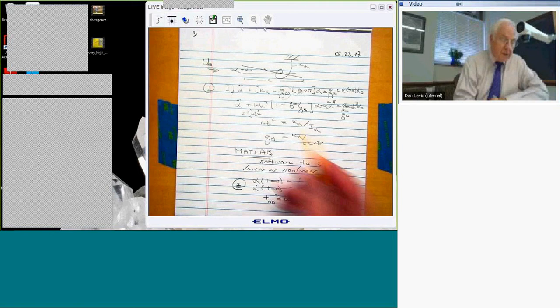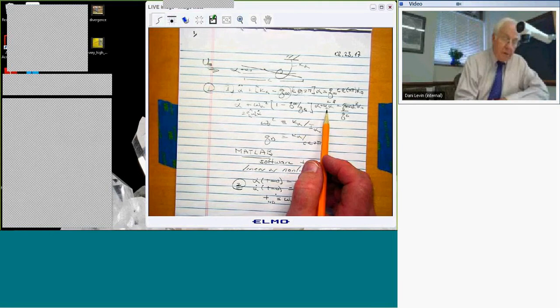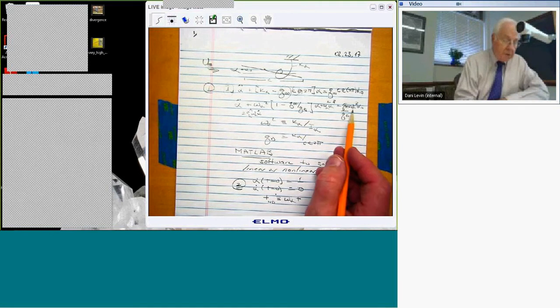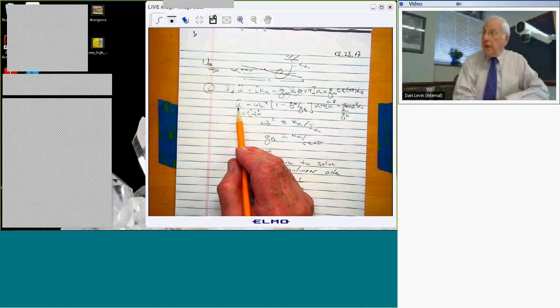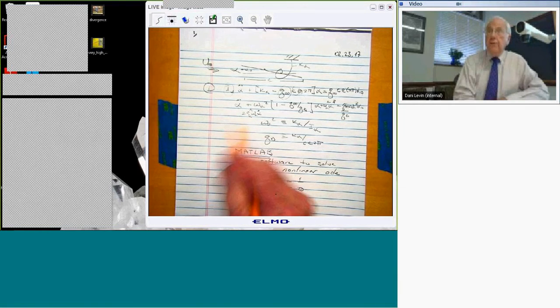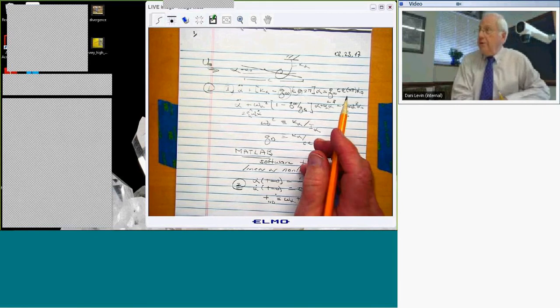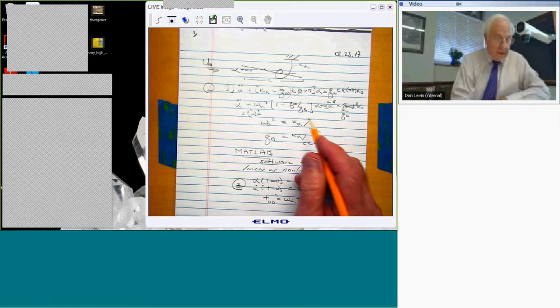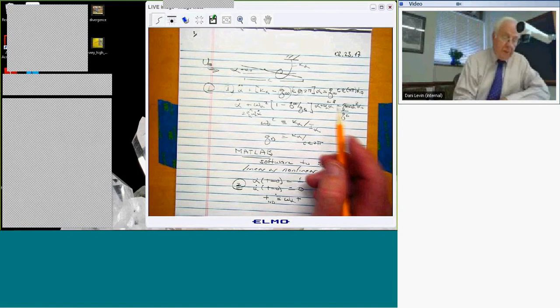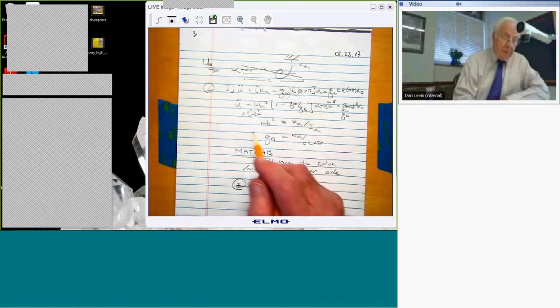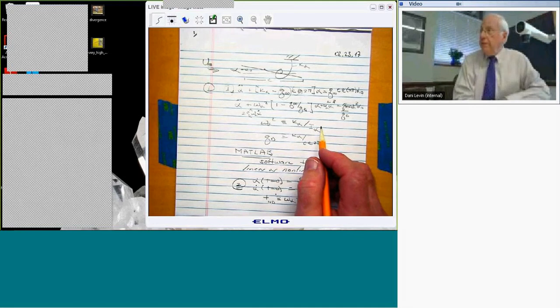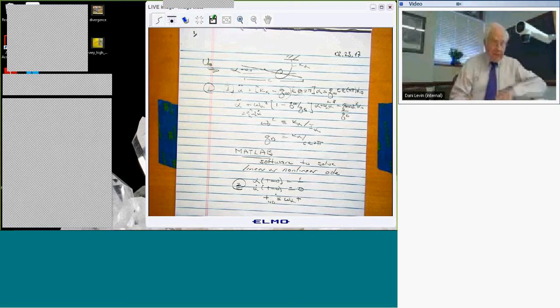And write this, and you could divide, what would you do? Divide through by omega alpha squared, and that will make this a non-dimensional time derivative, and then omega alpha would go away. That's what I would do. You don't have to, but that's what I would do. And then the only parameter that remains is Q infinity over Q divergence, right? That's the only thing that can affect the fundamental nature of the solution.